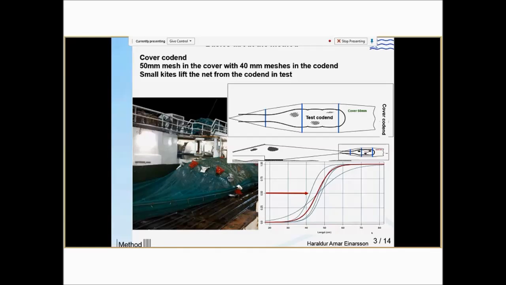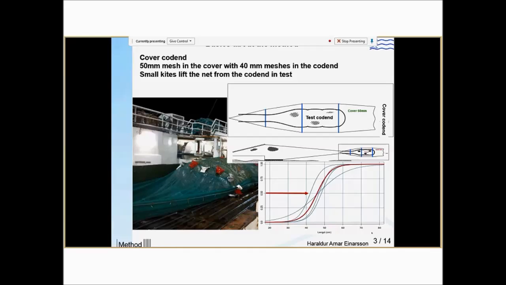So you have to get this quick and dirty if you don't understand selectivity. This is all done with a cover codend. We have the test codend, we put a cover over it, and we collect the fish going through the meshes in the test codend.